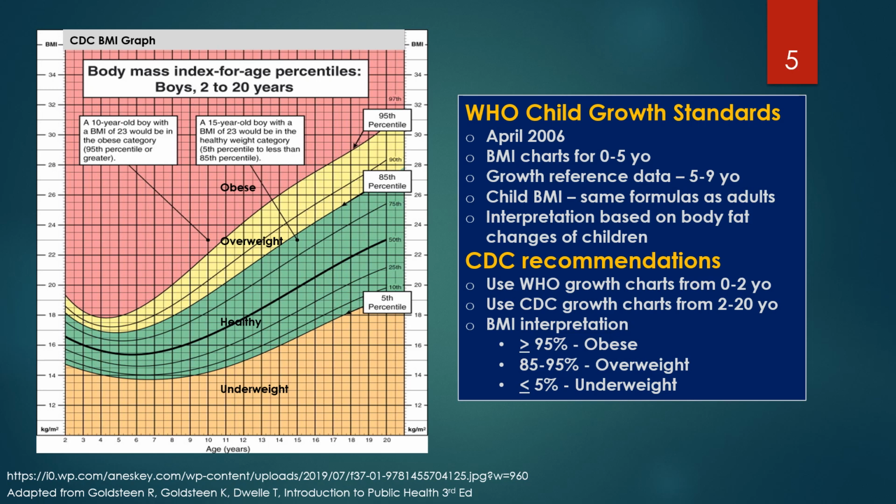The same BMI formulas are used to calculate the BMI for children and adults, but the criteria used to interpret the values for children and adolescents differs from that for adults.